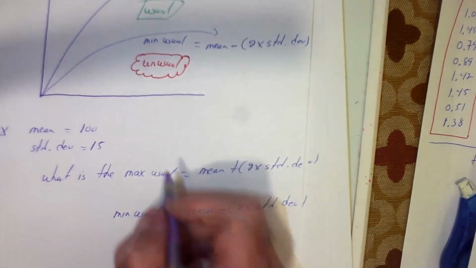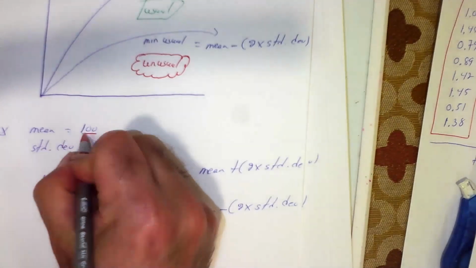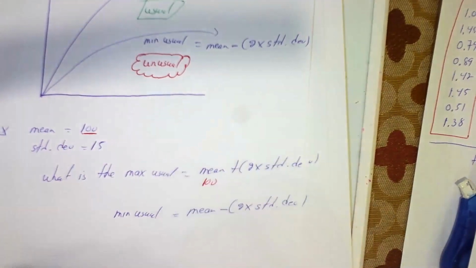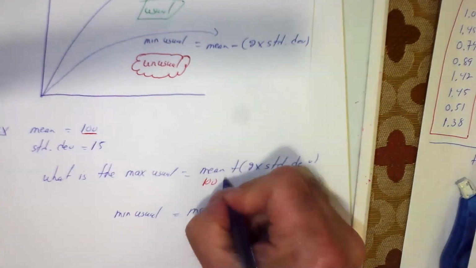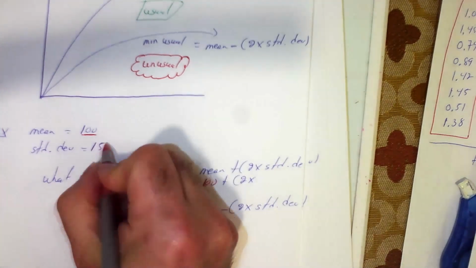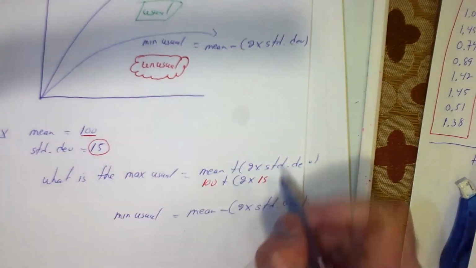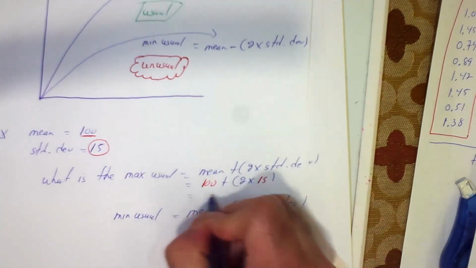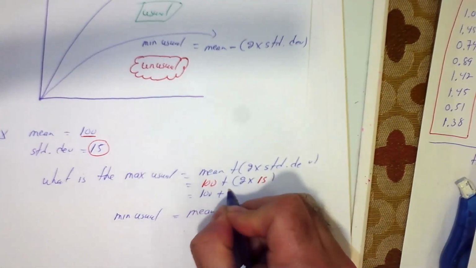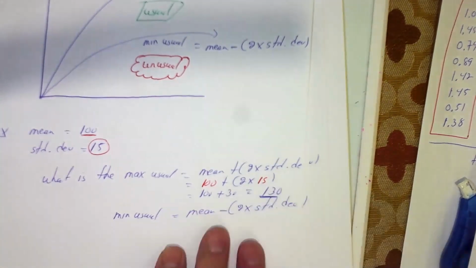So what was my mean? My mean is 100, plus 2 times your standard deviation, 15. Plug it in: 100 plus 30 equals 130.